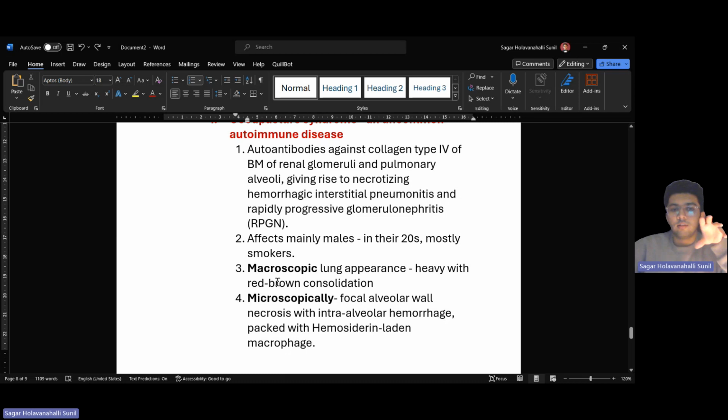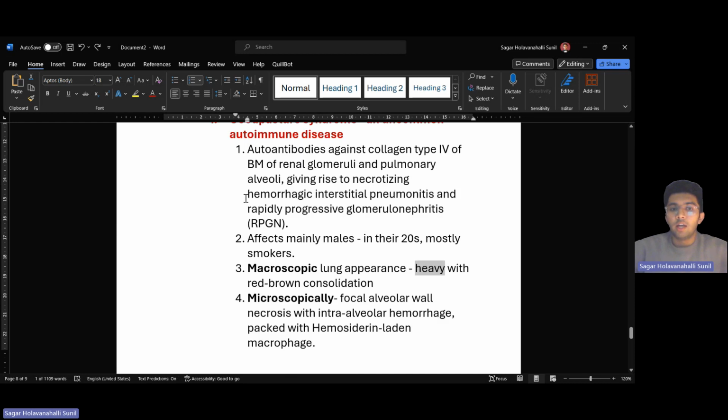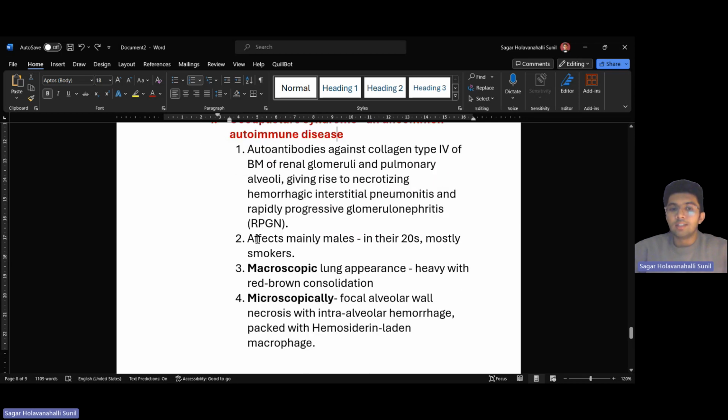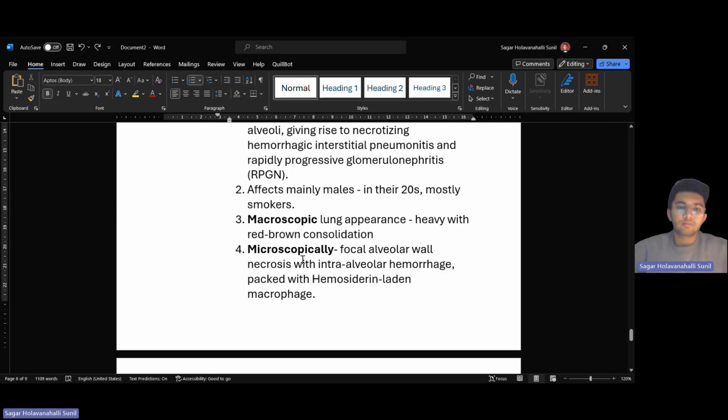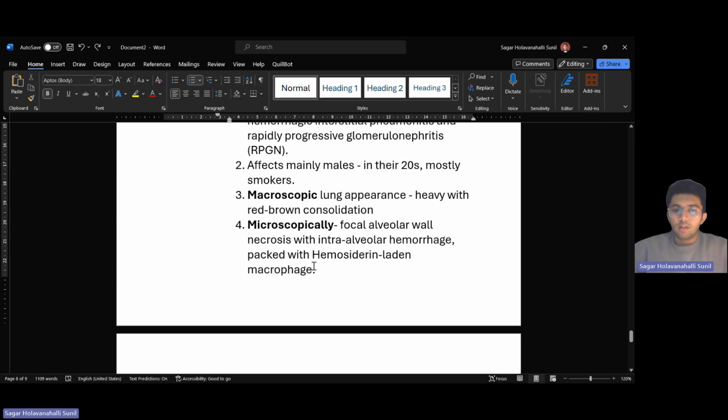And macroscopically, when you have a diffuse situation of this, it's going to cause red-brown consolidations, and it's going to be heavy because it's going to be filled with hemorrhagic fluid, right? Typically a transudate, but if it's some sort of inflammation, maybe because of bacteria or something, not necessarily in Goodpasture syndrome, it could result in an exudative hemorrhage. But over here it is mostly going to be transudative.